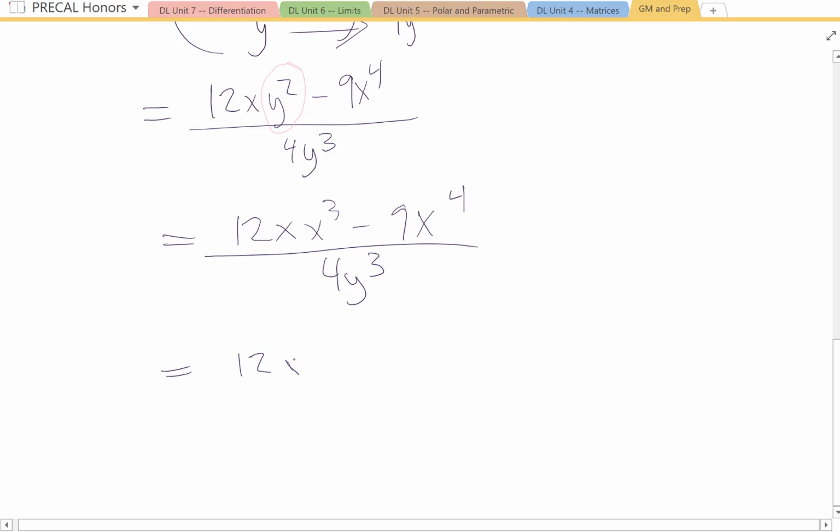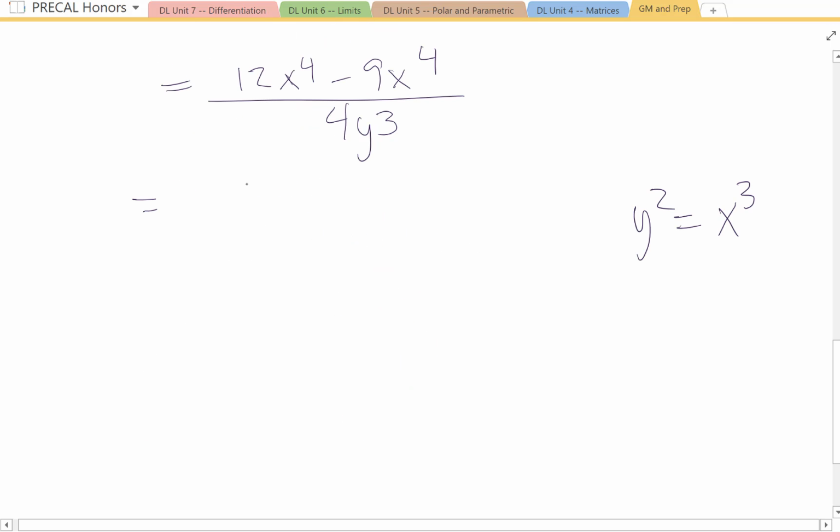That's 12x to the fourth minus 9x to the fourth over 4y cubed. Now I can combine the top. 12x to the fourth minus 9x to the fourth is 3x to the fourth over 4y cubed.